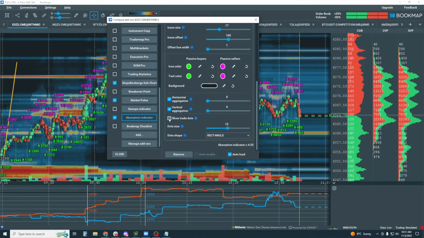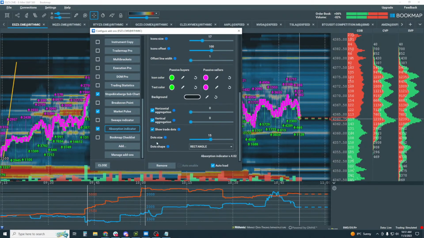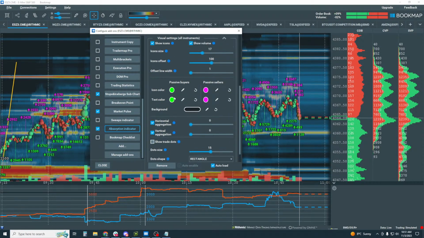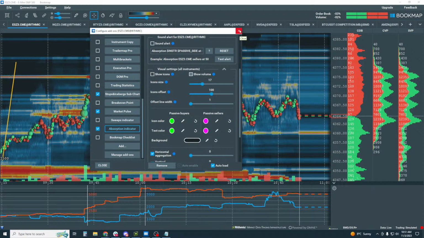And now look at my chart, it's becoming unreadable. So you don't have to show all these things. We just want the data here. You do need to have the absorption indicator added on here first.